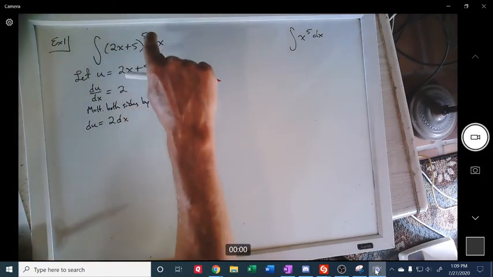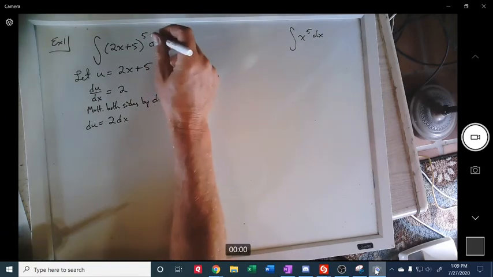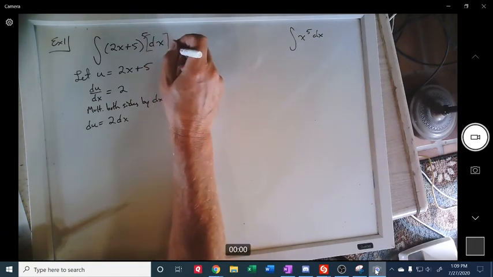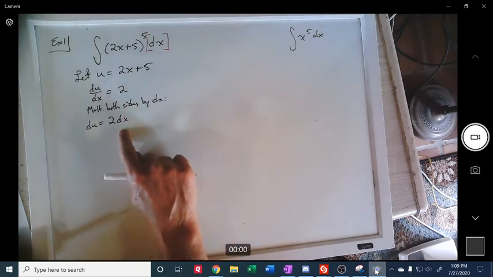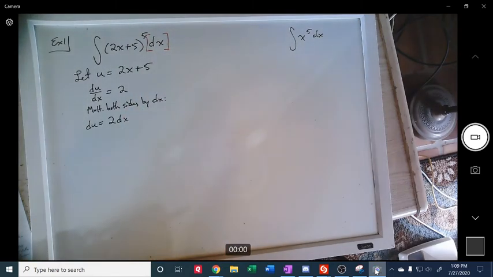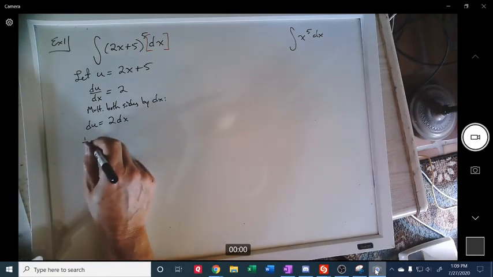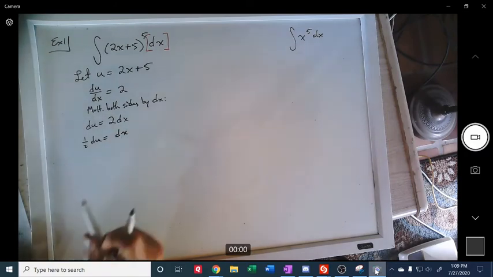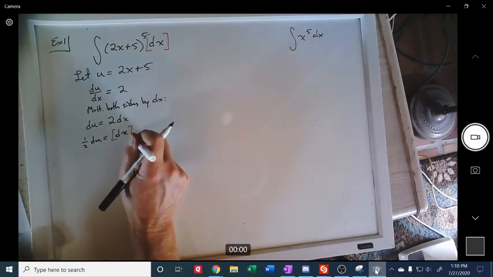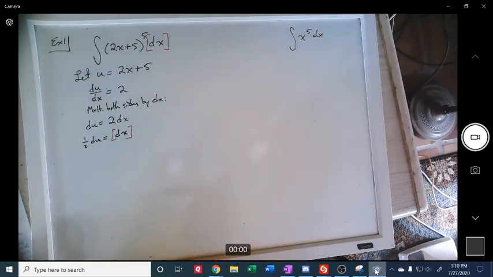And then everything else that's there, I want to match exactly down here. So I'm going to divide both sides by 2. 1/2 du is equal to dx. So I get this to exactly match this.